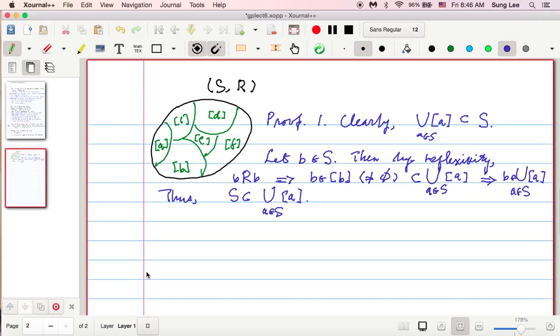Looking good. And therefore, hence, we're done. These two are the same. Hence, S equals the union of the equivalence classes. Done.